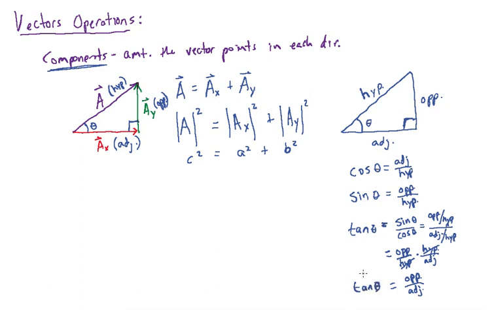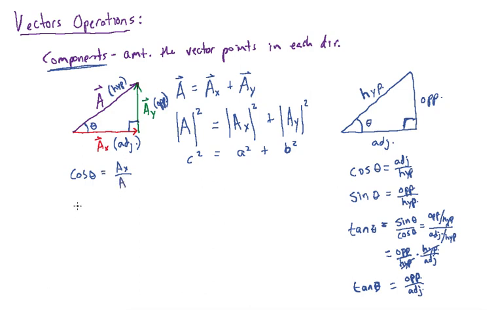So this would be tangent, this would be cosine, this would be sine. And we can do a similar thing over here. We can say that the cosine of this angle is equal to the adjacent side, which is a sub x, over the length of the hypotenuse, a, not the whole vectors, just the length of them.